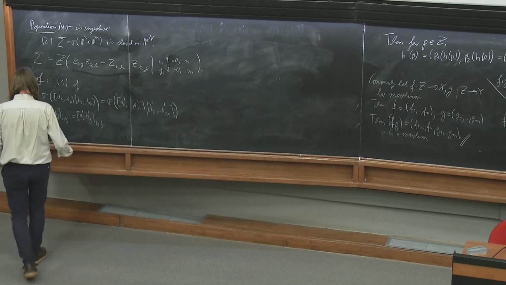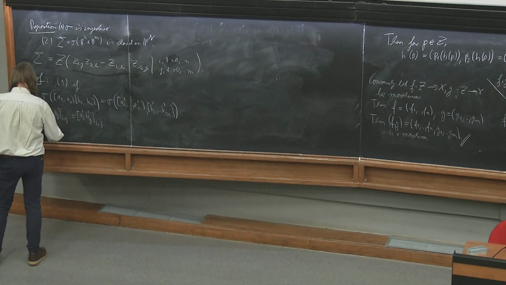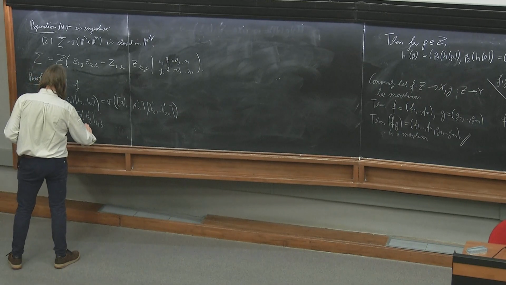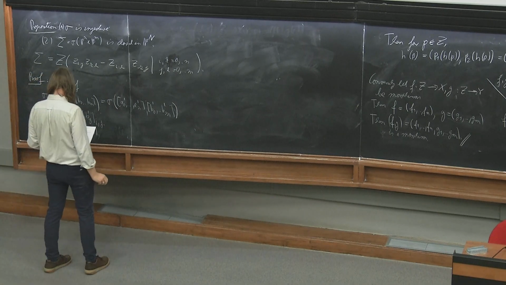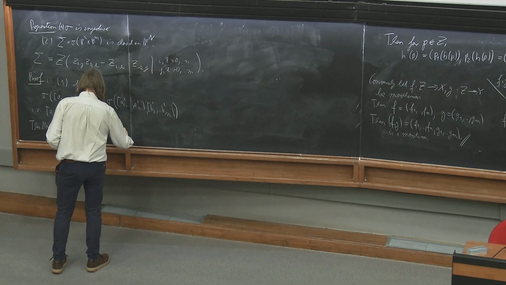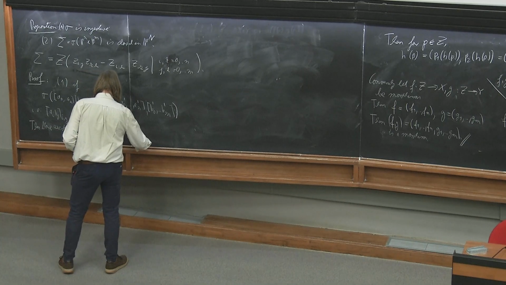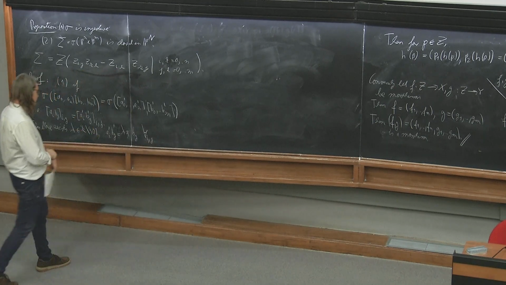So there exists lambda, a non-zero element in K, such that A_i' B_j' is equal to lambda A_i B_j for all i and j. So the same lambda does it for all.